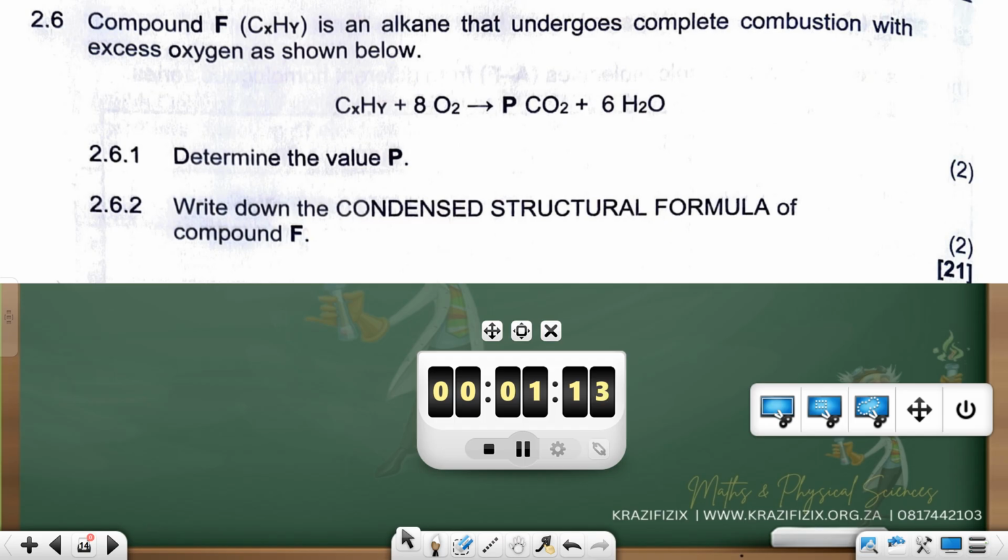Hi, Awande, your hand is up. You just balance it, bro. Why not? It's 6, right? That H2O oxygen is 6, right? Because 2 oxygens they will be. And then the next 4 gives you the condensed structure, 8 plus 8, 16. What's your answer for P? 4.